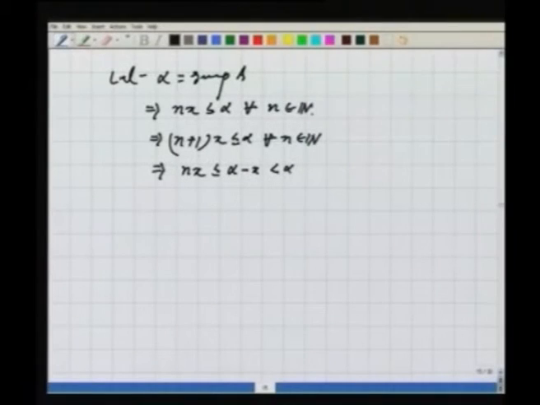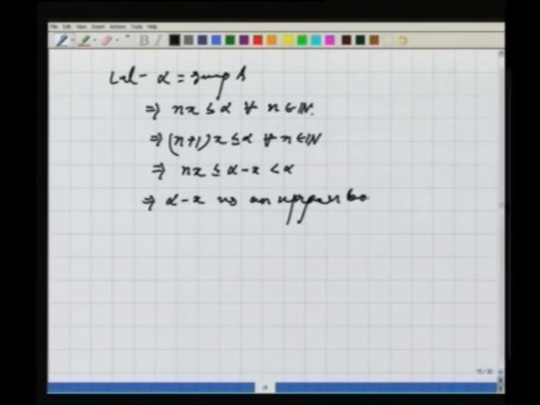Well, what does it mean? As alpha minus x is less than alpha, I see that it implies alpha minus x is an upper bound of the set A. Now, if I go back to the observation which I just made after the definition of supremum, which essentially says that anything lower than the supremum cannot be an upper bound.